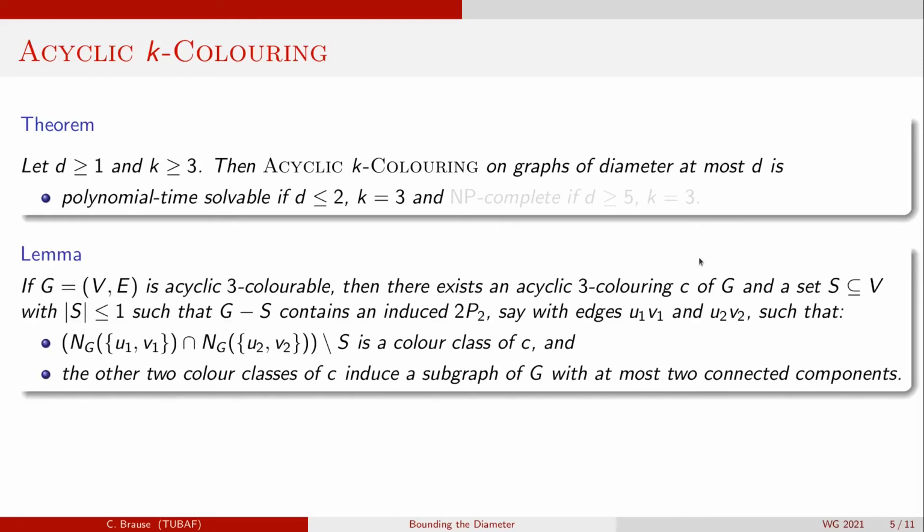Well, we have a little lemma that gives us some structural characterization of the acyclic 3 colorable graphs of diameter at most 2.